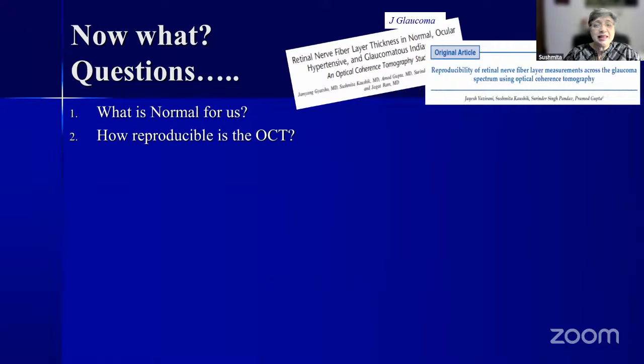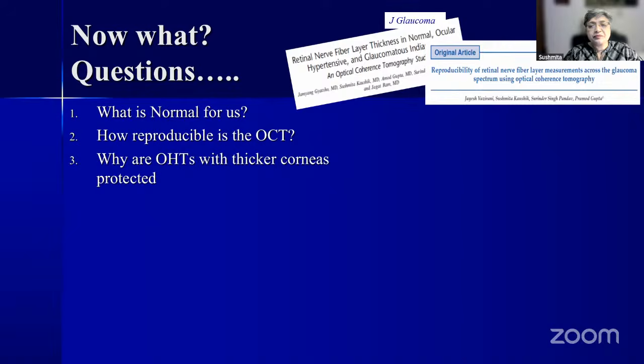So that means that if you have a change of about 5 microns, don't get excited over it. An increase of 5 microns does not necessarily mean better, and a decrease doesn't necessarily mean progression. So those are things to understand, that you need to have reproducibility of the machine within how many microns, and how do you interpret change even if you see it.